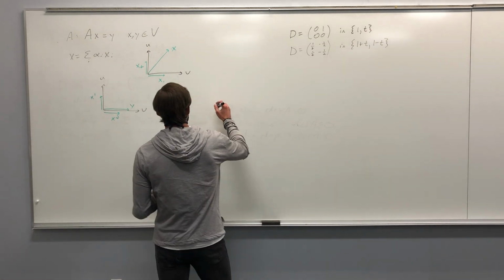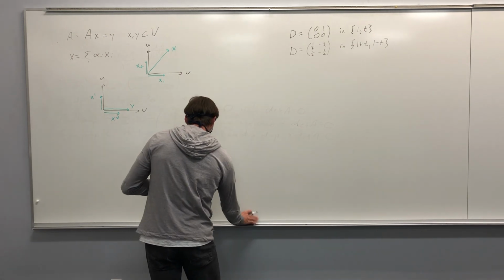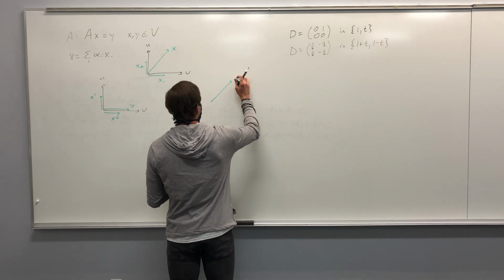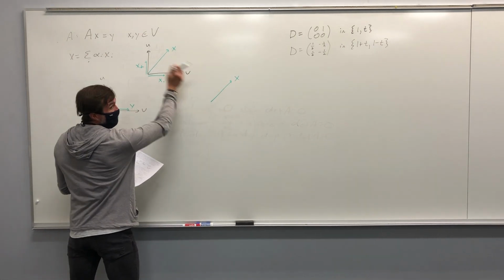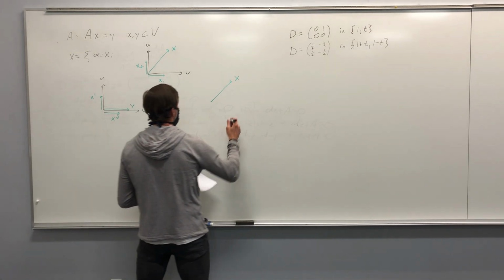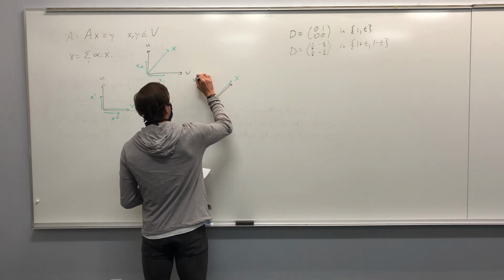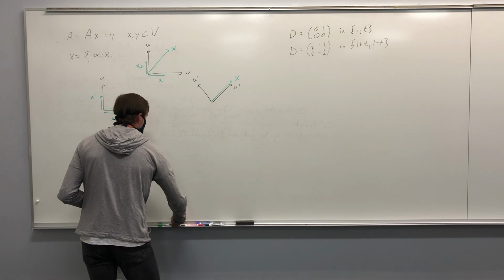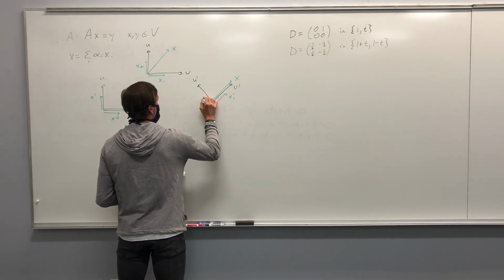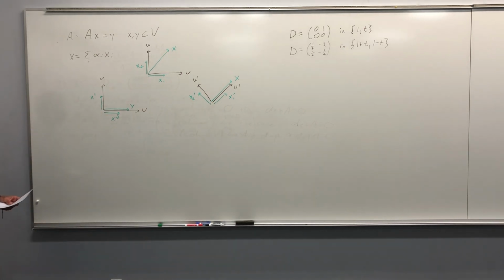So what I have in mind is a situation where I have the same vector, x. So notice it's the same vector. However, we're going to be utilizing a different basis to describe it. Okay?